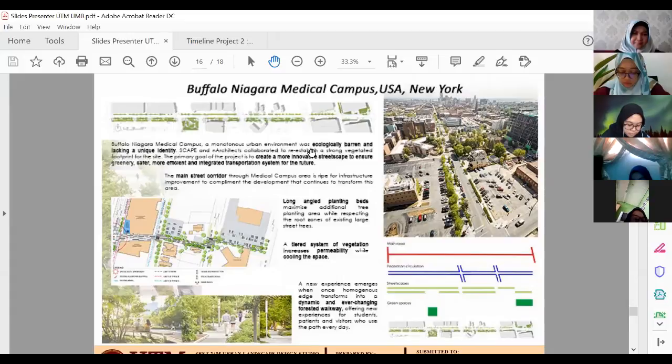They also consider the connectivity of the pedestrian walkway itself. From this precedent study, I would like to summarize that the design is really good in terms of urban space, which I can implement in my master plan. So I will proceed with my master plan development.